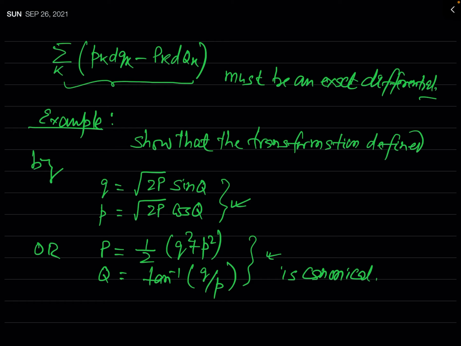Now let us try to show that this transformation is canonical by using the condition of exact differential. So if you want to show that this given transformation is canonical, then you have to show that the expression p dq minus P dQ must be an exact differential.